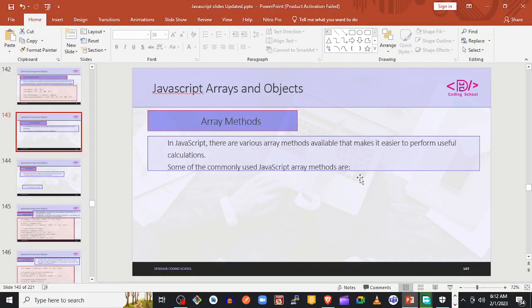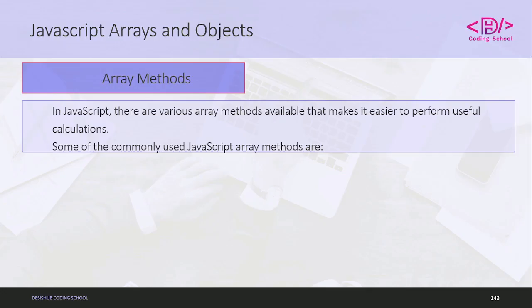So in today's video we are going to look at array methods. In the previous video we looked at loops. We also looked at arrays before that, and in the arrays we saw last time we did some simple array methods like finding the length, adding items into an array, removing items from an array.